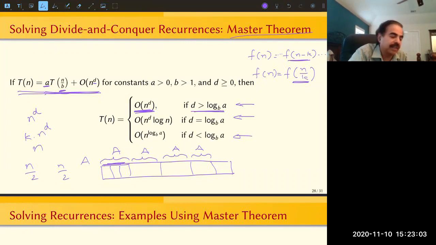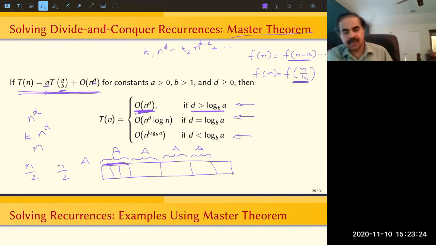In fact, the actual solution could be k1 times n to the power d plus k2 times n to the power d minus 2, and so on. But from the order perspective, all that matters is the leading term. So by focusing on this asymptotic complexity, we can simplify the equation and the form of the solution.